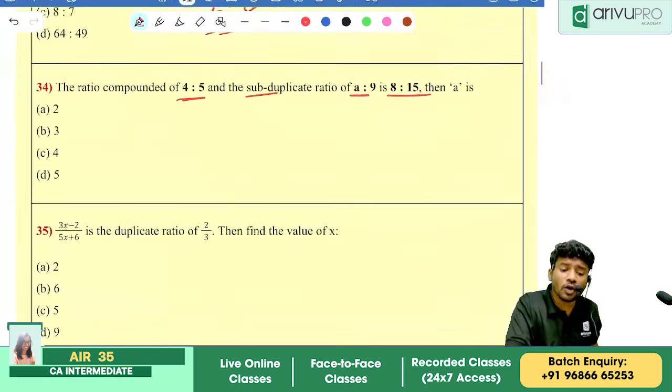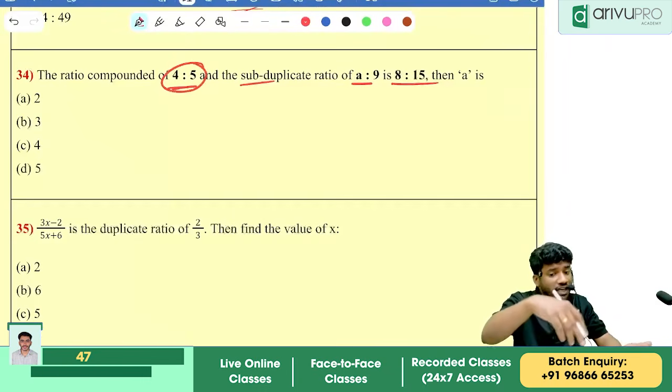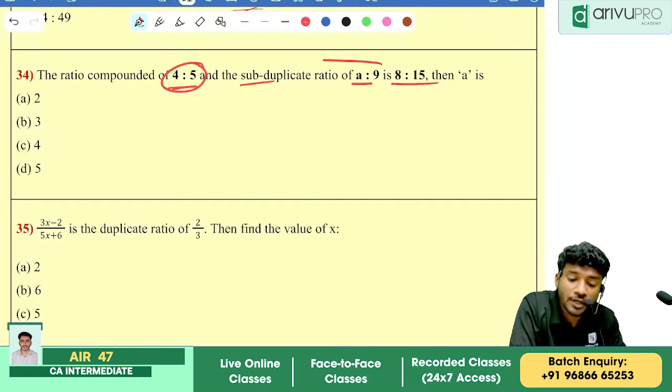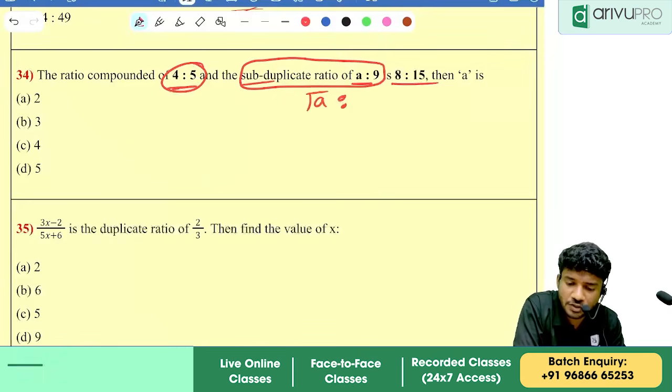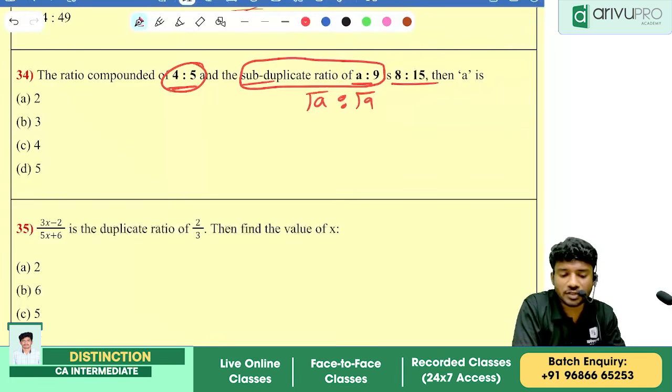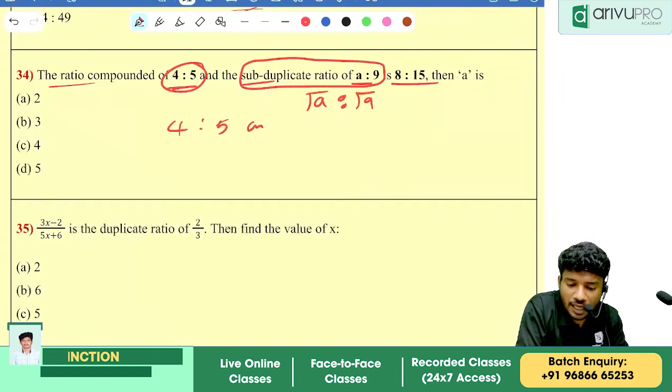In this question, what are they telling? The ratio compounded of 4:5 and subduplicate ratio of A is to 9. What is the subduplicate ratio of A is to 9? Root A is to root 9. Correct? So can I write it this way? The ratio compounded between 4:5 and root A is to root 9.